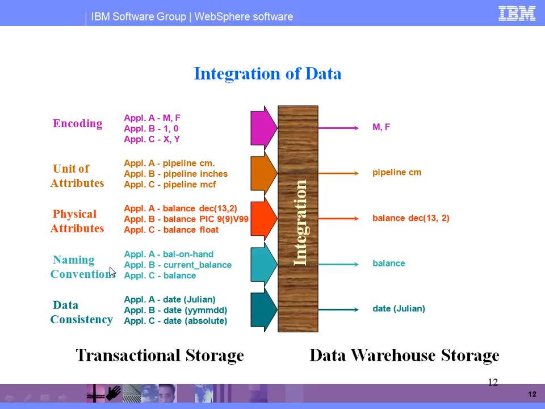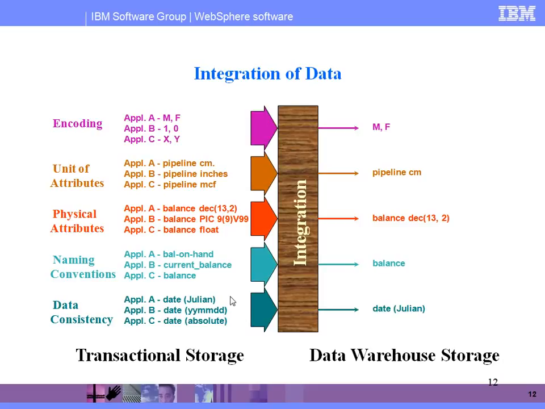Next is naming conventions. Here we have different naming standards: balance on hand, current balance, and balance. We receive these naming conventions from different source systems with different standards.